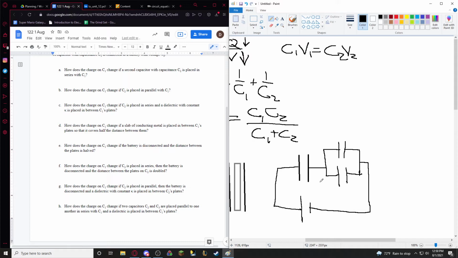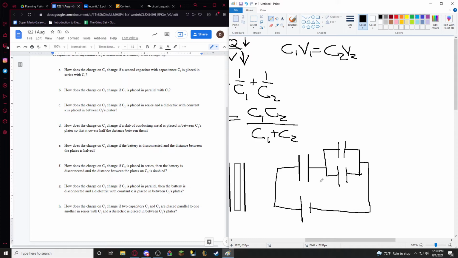Okay. So how does that simplify the problem? It's just the initial part. It's like, was it greater than or less than.